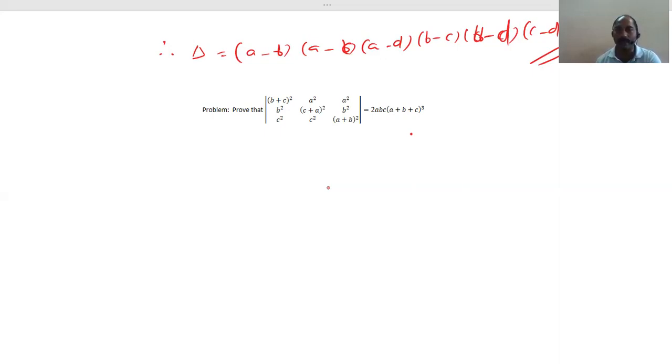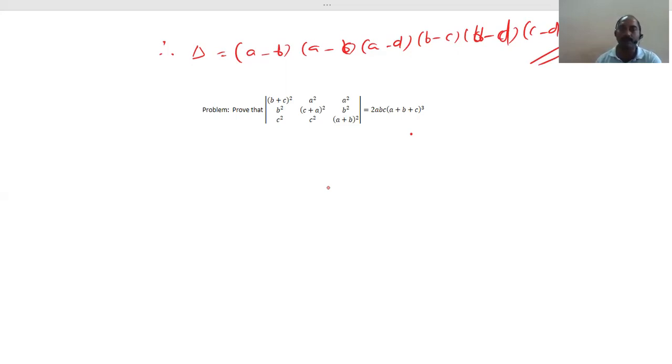How many columns are parallel? Two columns only. Therefore x minus a, where x means a, so a minus 0 is a factor in the RHS. Similarly, we can proceed.